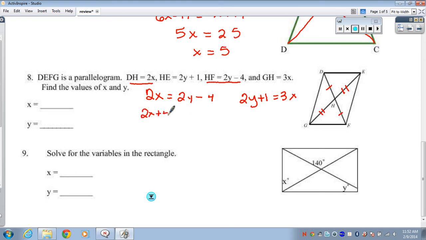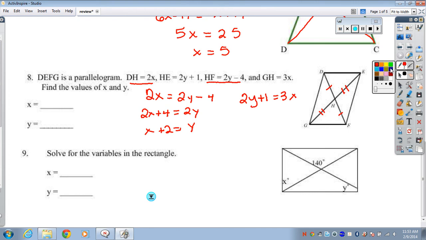2x plus 4 equals 2y. You do not always have to solve for x first. Y equals x plus 2. Substitute this x plus 2 in for this y right here.